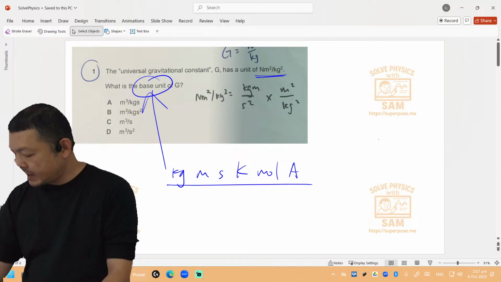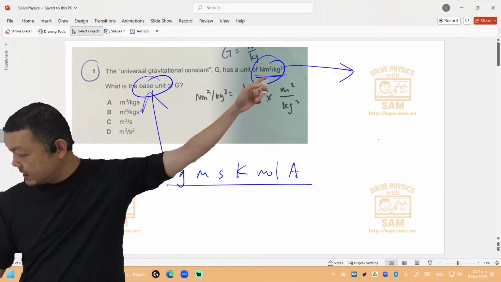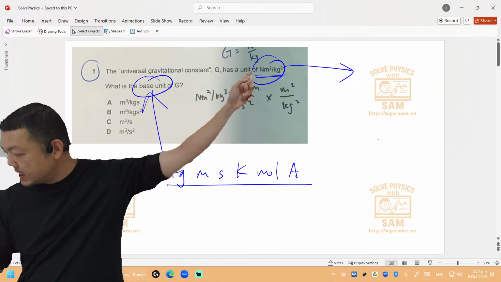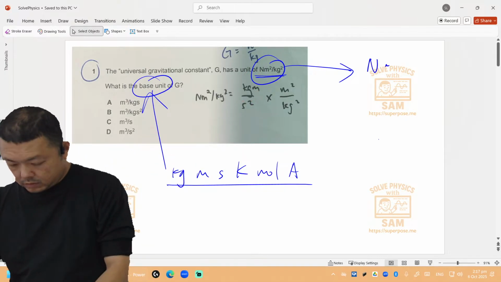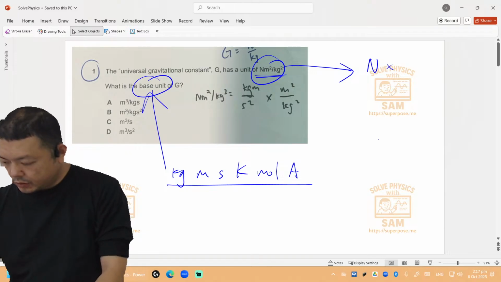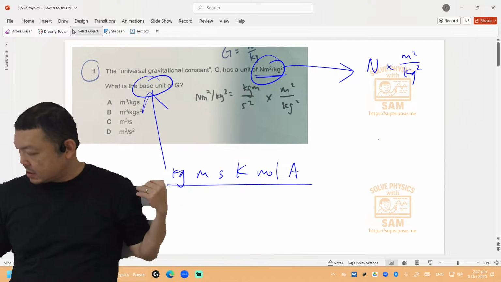Okay, so these are your base units. Of all the units inside here, the newtons is not the base unit. Do you understand that? So newtons is not the base unit. So what you need to do is convert newtons into one of these base units.